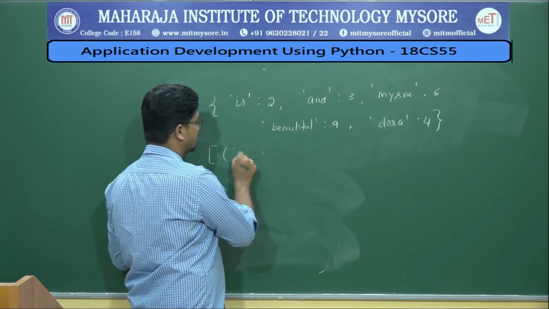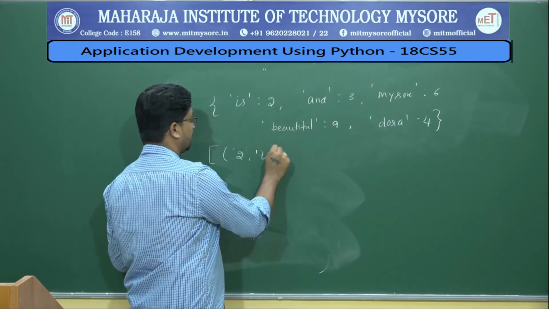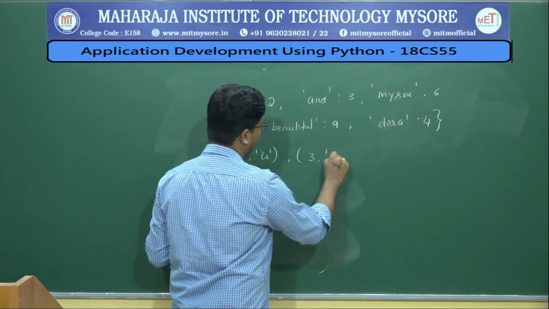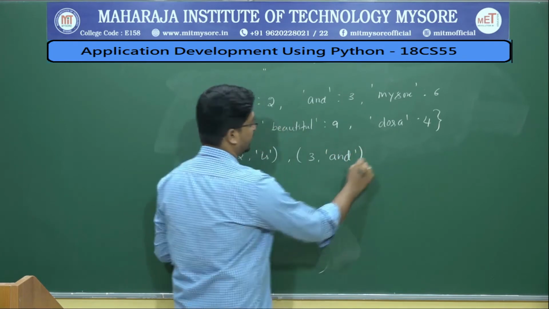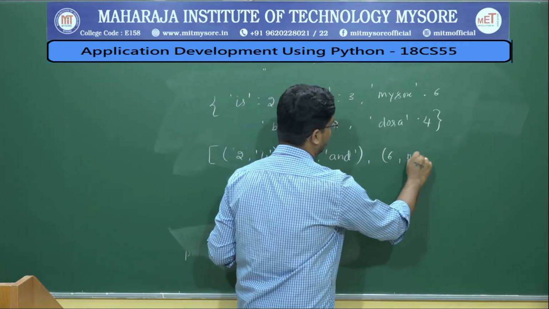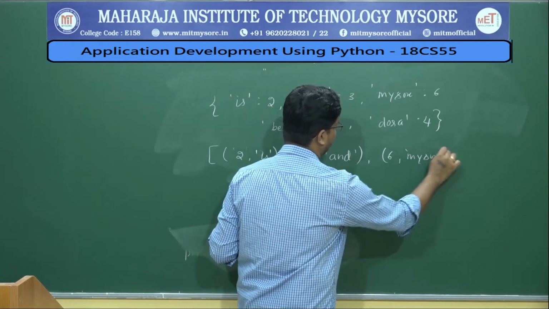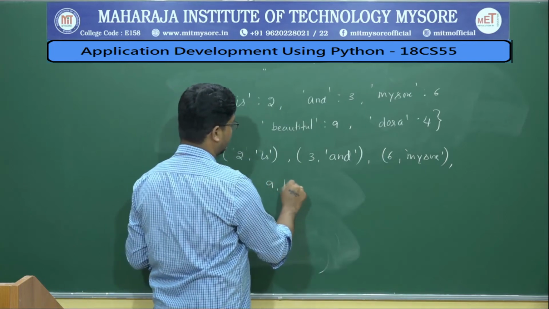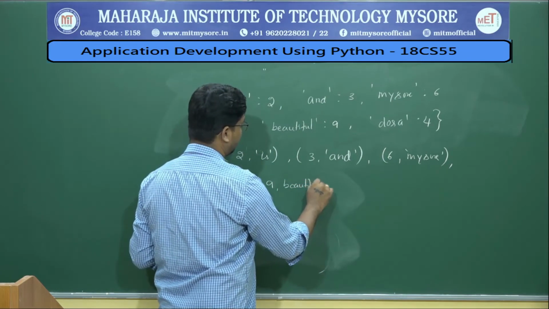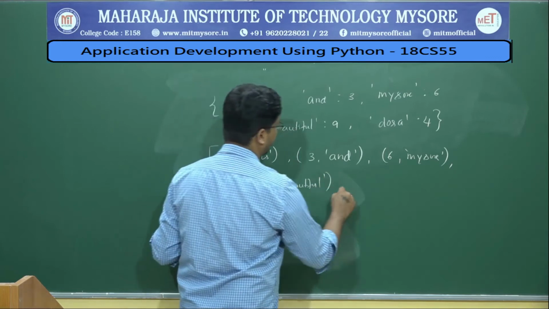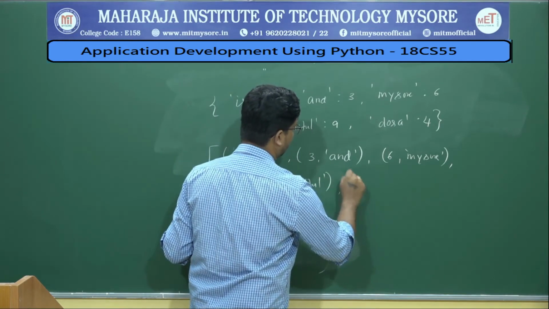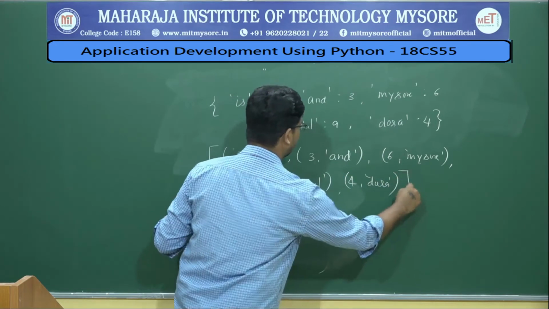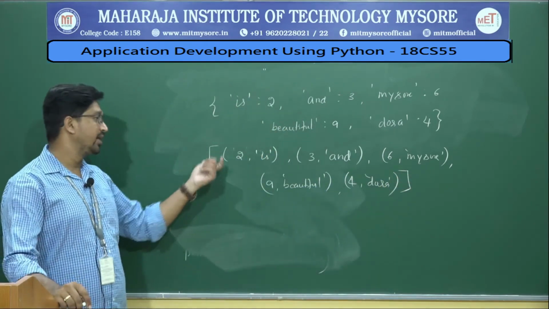I will rewrite it like this: 2, is, length then word, comma, then 3, and, then 6, Mysore, comma, 9, beautiful, then finally 4, dosa. So this is how you convert into a list of lengths and words.